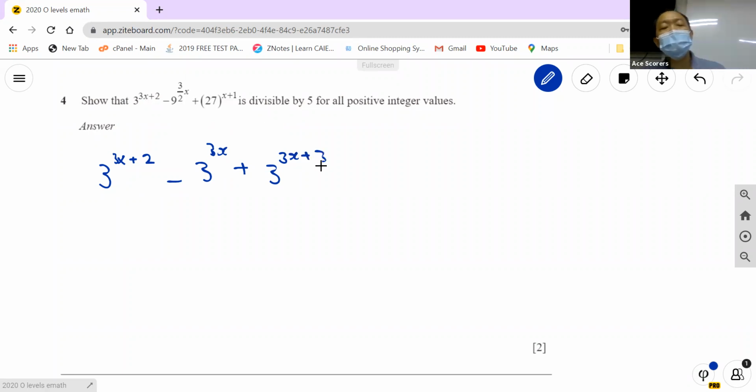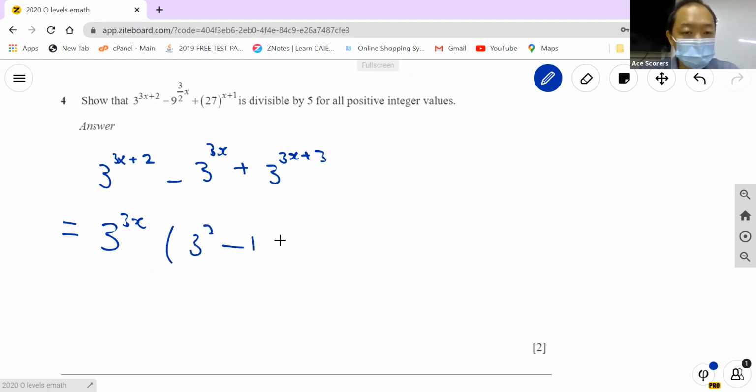From here we can extract all the 3 to the power 3x. So take out 3 to the power 3x. Now if you take out 3 to the power x here, you're left with 3 squared minus 1, plus 3 cubed, because these are times 3x times 3 squared.